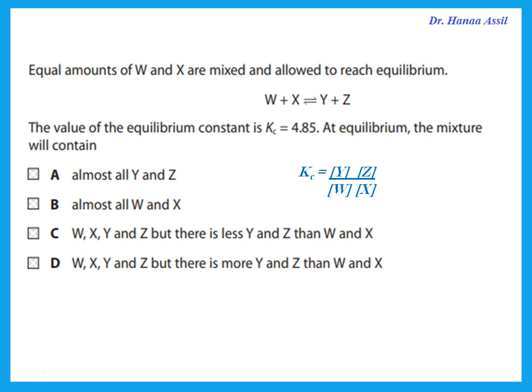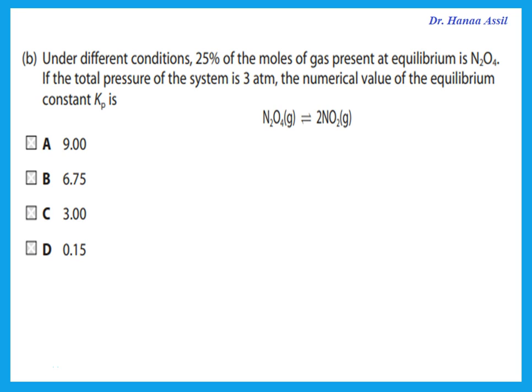So if Kc is 4.85, that means I have a lot of Y and Z. At equilibrium, we have all of them, W, X, Y, and Z, but there is more Y and Z than W and X, so that makes my Kc a large number. Are we following all of this?